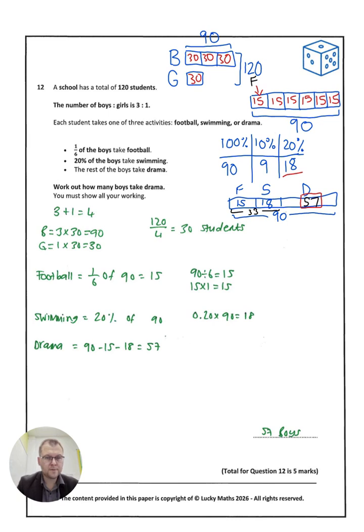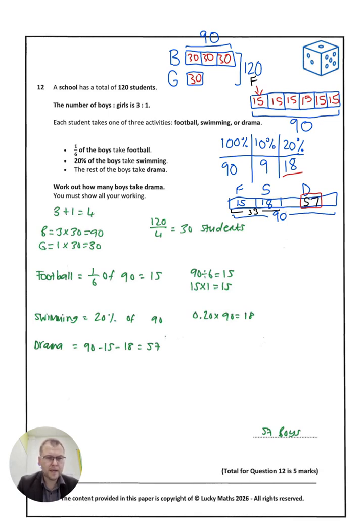Okay, so for this question, a big one, 5 marks. Because there's a ratio element in there, we've started with a bar model and drawn out 4 boxes. So from that, hopefully we can clearly see the breakdown of how many boys and girls there are. So it should be hopefully obvious that there are 90 boys.